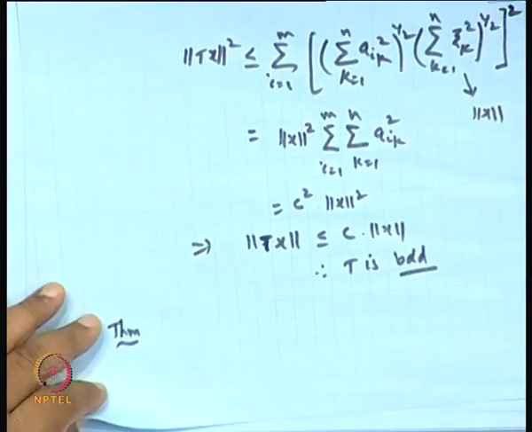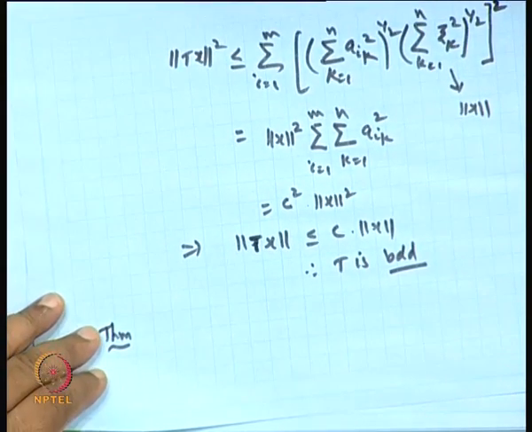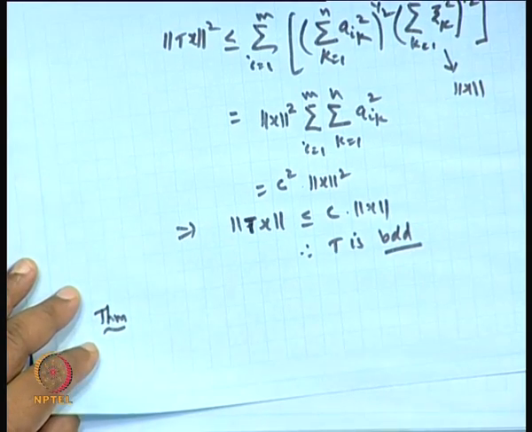So, here also there are many results which are valid for the finite dimensional case in general, but may not be true in the infinite dimensional case. So, one of the results we are telling is that if a normed space is finite dimensional, then every linear operator must be bounded.